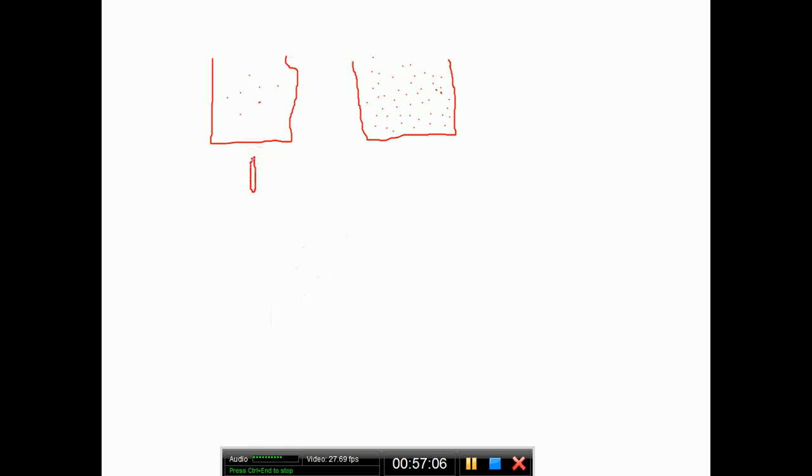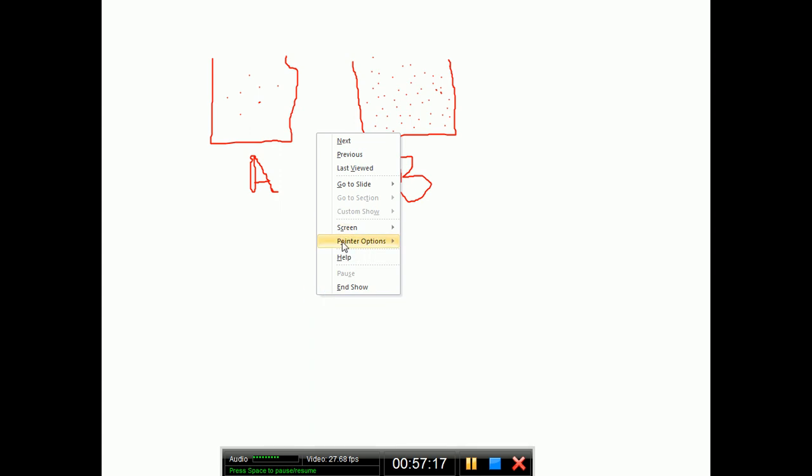Here is the solution A and solution B. So what actually happens if these solutions have the same quantity of water?